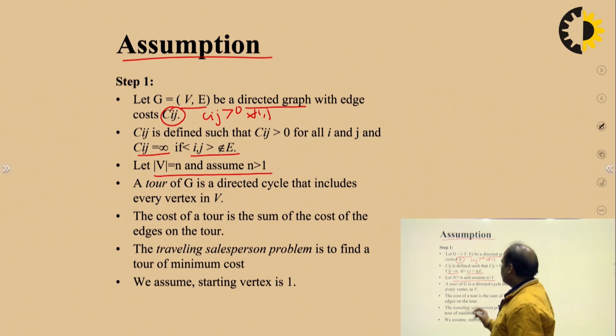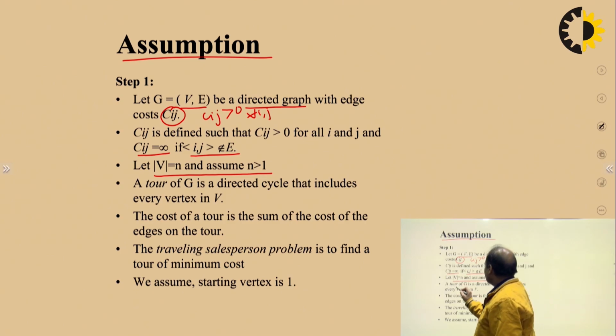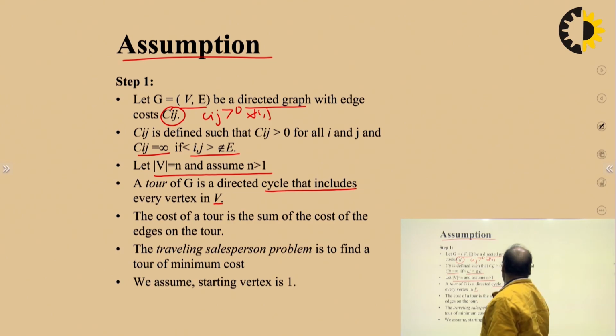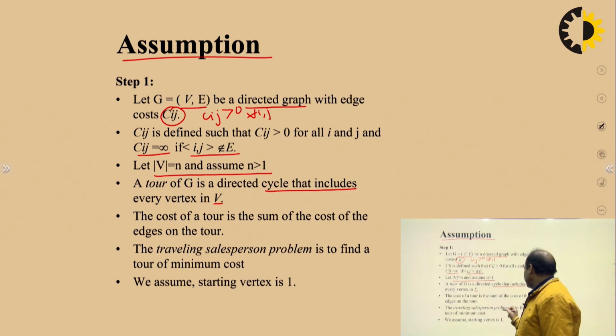So let us define a tour. A tour is nothing but a cycle that includes every vertex once. The cost of a tour is the sum of the cost of the edges on the tour. So the TSP is to find a tour of minimum cost.